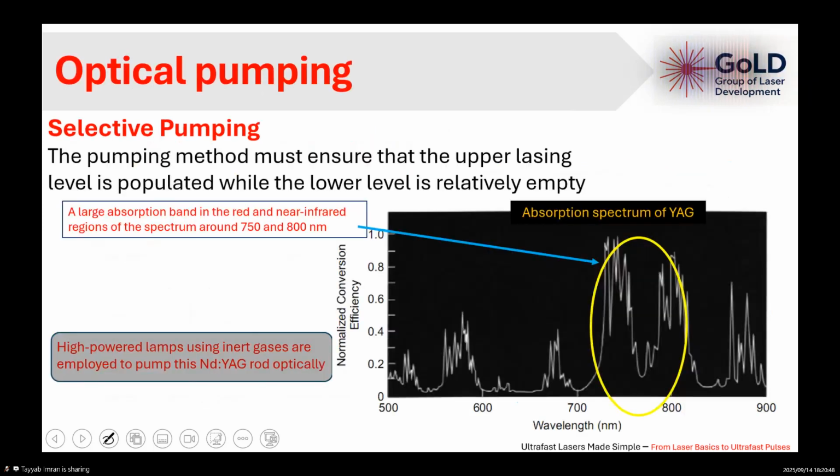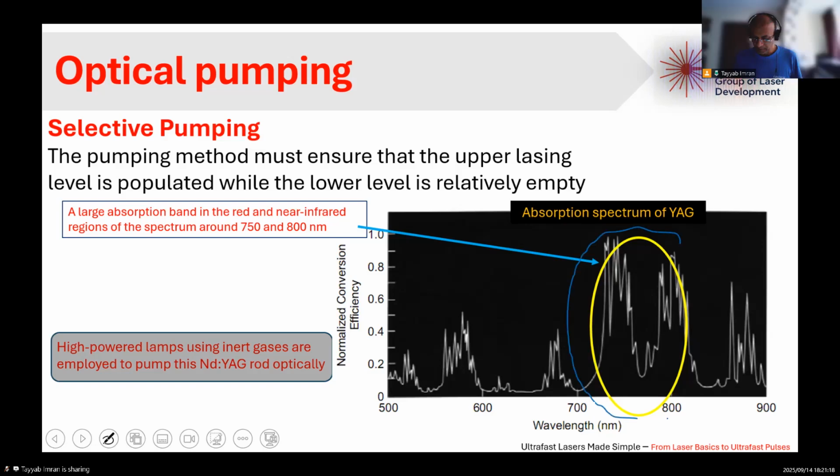Now, for the optical pumping, as I mentioned, each and every laser medium has an absorption spectrum. Measuring this absorption spectrum is very important so that we know what wavelength of pump we can use.